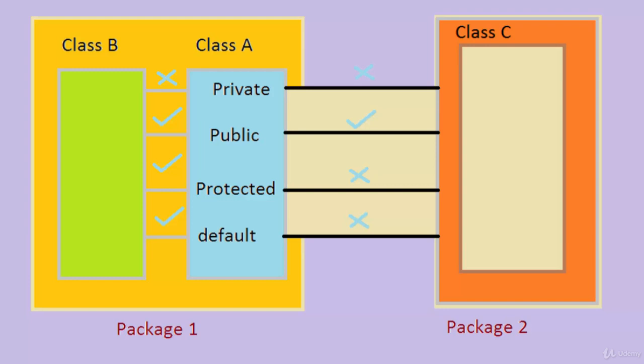With private, the accessibility of class A is no one, meaning we cannot access it from class B or class C. But with public we have access from both class C and class B. Protected has access only from class B, but it cannot be accessed from class C. Default is the same as protected: it has access from class B, but no access from class C.